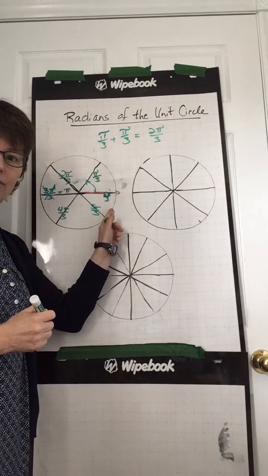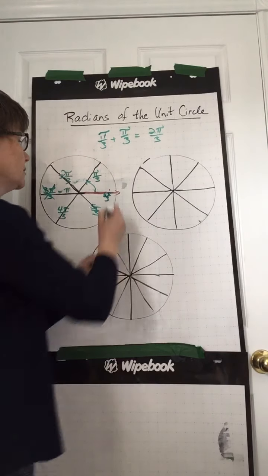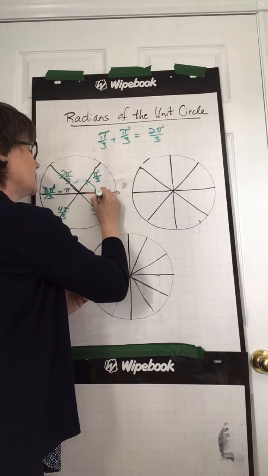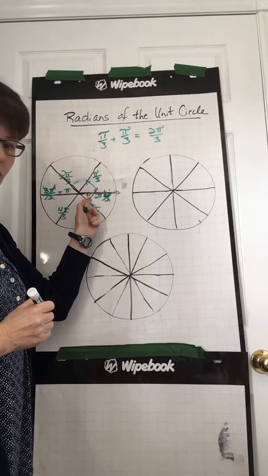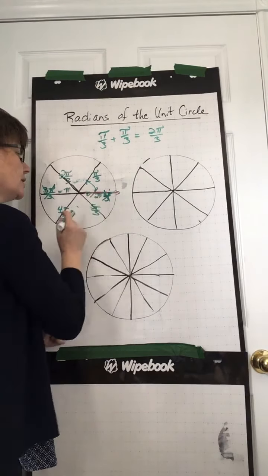But we can reduce that fraction. 6 over 3 is 2. So we won't leave it like this. We'll write it as 2 pi. And I forgot to put 0 in here as well. So we should have 0 radians as well. So starting from here, 0 radians, pi over 3 radians, 2 pi over 3, pi, 4 pi over 3, 5 pi over 3, and 2 pi.